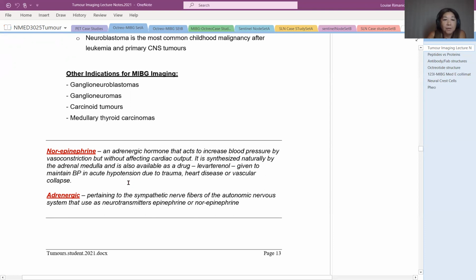And as those of you that watch these medical shows know that when patients are in crises, they often say that they want a shot of epi, right? And this is usually in patients having an acute hypotensive episode where they need to raise the blood pressure quickly. The term adrenergic means just pertaining to those sympathetic nerve fibers that use the neurotransmitters epinephrine and norepinephrine.